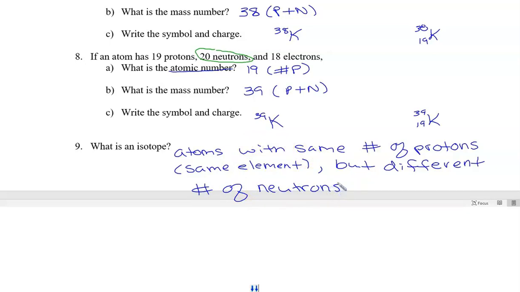Okay, so if you change the protons, you get different elements. If you change the neutrons, you get isotopes, and these are isotopes.